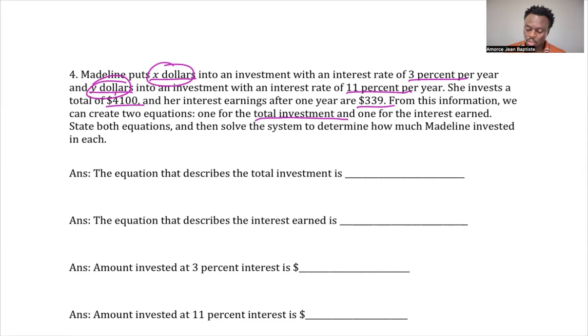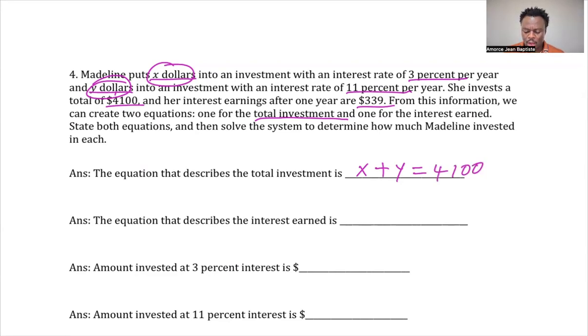The other equation is for the interest earned. State both equations. The equation describing the total investment is X plus Y equals 4,100.